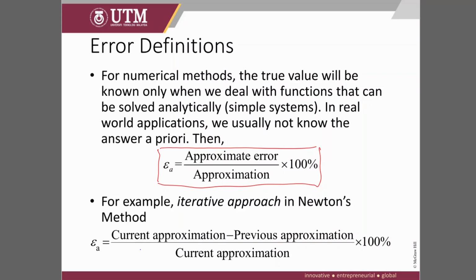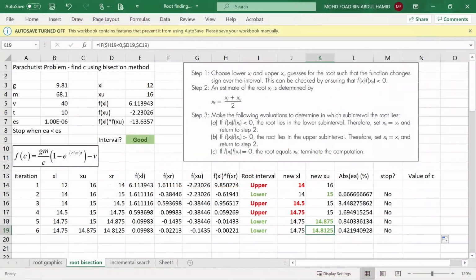Okay, let's look at the Excel sheet here. So this is my error. This is the formula: absolute value of D15 minus D14, where D15 is the current approximation, minus the previous approximation, divided by the current approximation, times 100%.